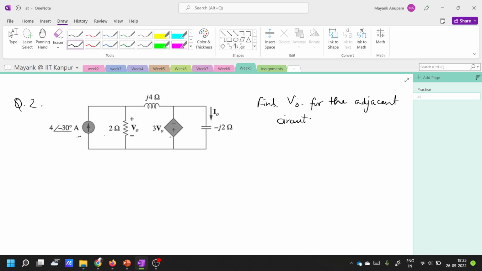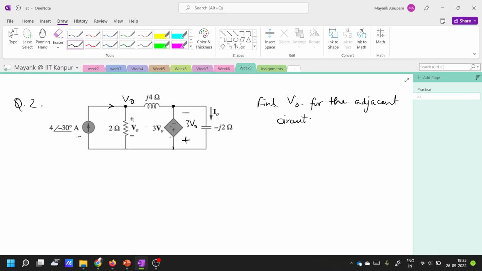mesh analysis. I will be using nodal analysis because I feel comfortable with that. So let's go. This voltage here is given, it's V0, and we know that the voltage at this node, by means of this voltage controlled voltage source, in this direction, minus to plus, should be 3V0, right?